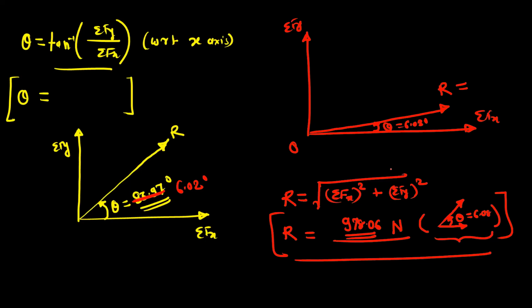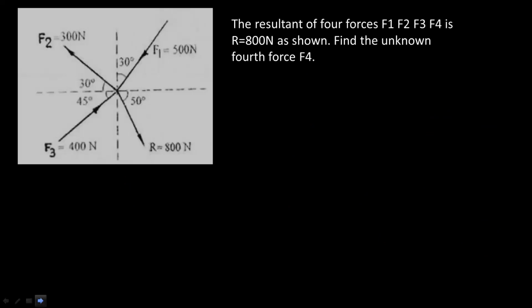Okay, so I hope there should not be any problem in these steps. So note down the next problem. In this problem, three forces are given: F1, F2, and F3. The fourth force, which is F4, is unknown. Actually, in the system of forces, there are total four forces: F1, F2, F3, and F4.